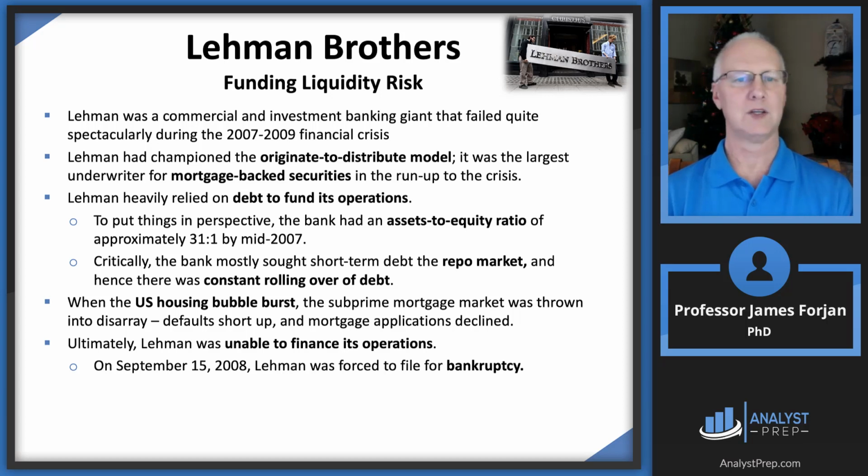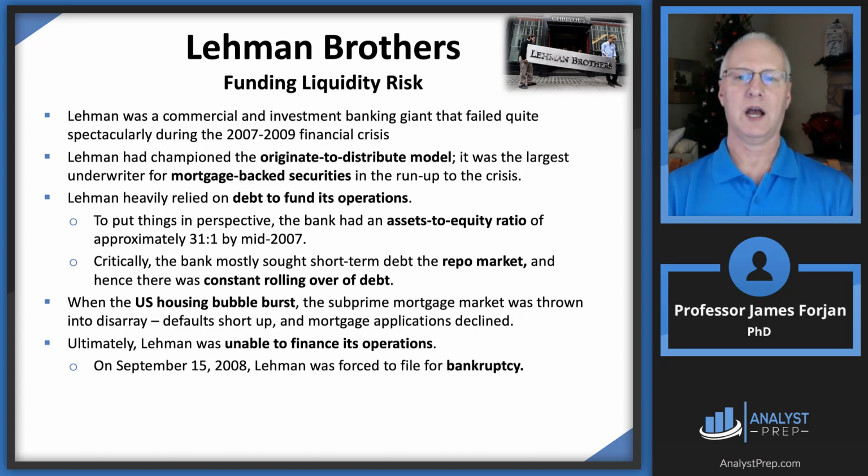And going back to probably the 1980s, Lehman Brothers was not really the first to start this, but they really, really piled it on with this model that's known as originate to distribute. And so the idea is just to make a loan and make a loan and make a loan, and then package those loans into some pool of securities and then sell them to recoup all of those assets, right?